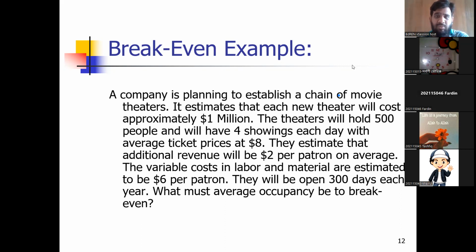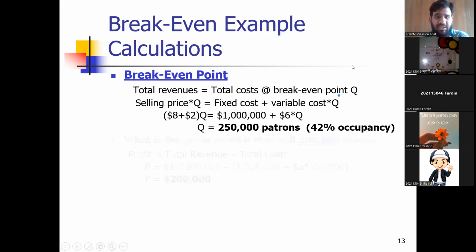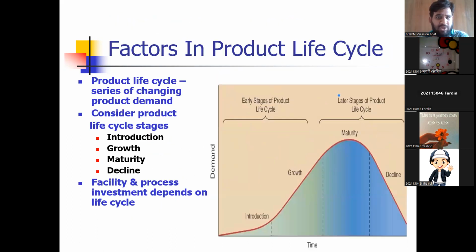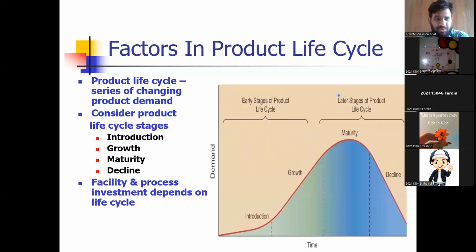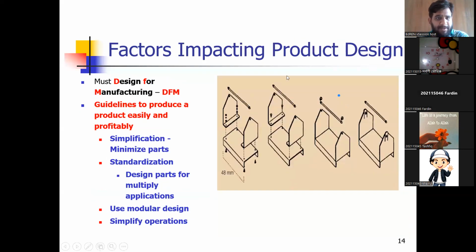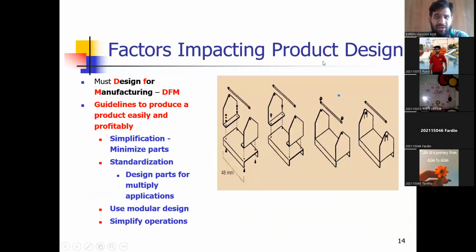So we cannot discuss everything. The theoretical issues we have, you can do at home. And the other issue is the finalization of your design. You are going to choose the right design, and you must consider design for manufacturing, DFM.